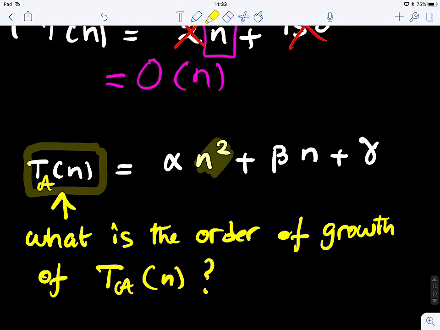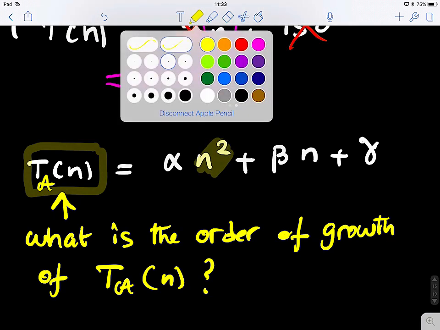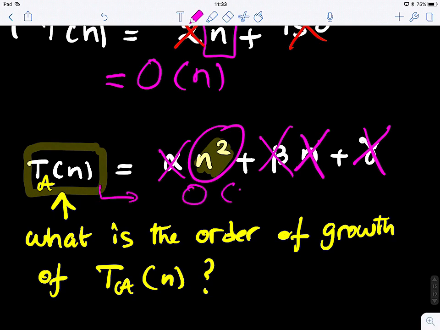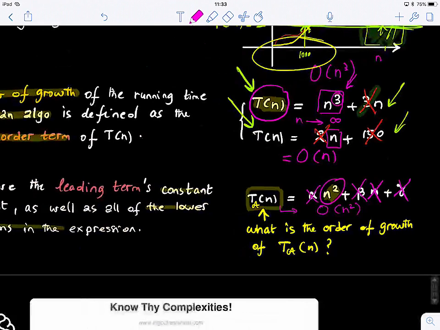So we're going to ignore all the lower ones because when n grows bigger, they will not matter. The constant will not matter. All that matters is this n squared, okay? And this is why we say that T of n grows in the order of n squared. So it's like a polynomial, okay?